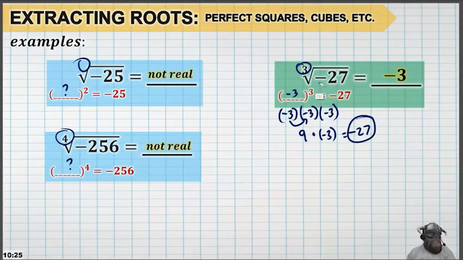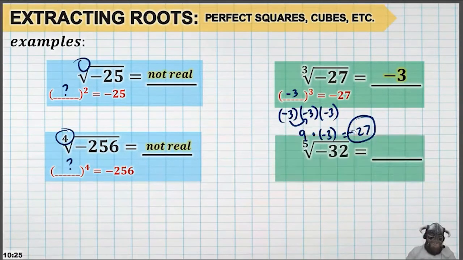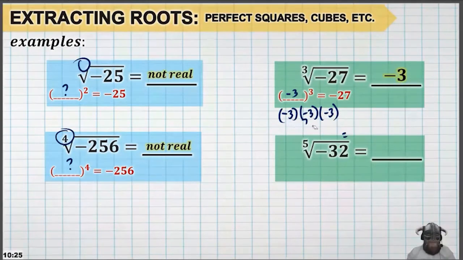Okay po. Next question. Fifth root of negative 32. Yan. What do you think is the answer? Fifth root of negative 32. Darren says negative 6. Yan. Cyrus.